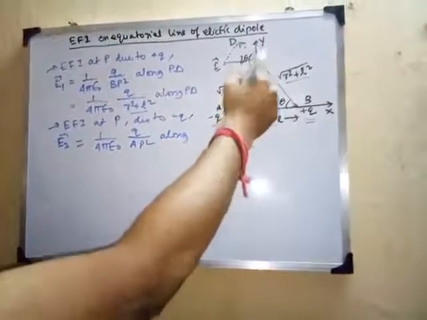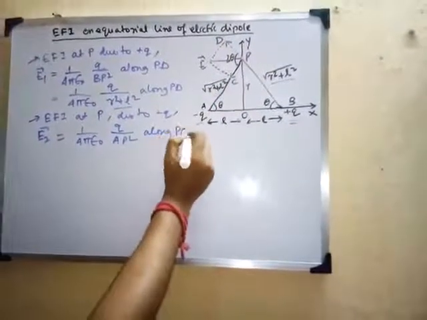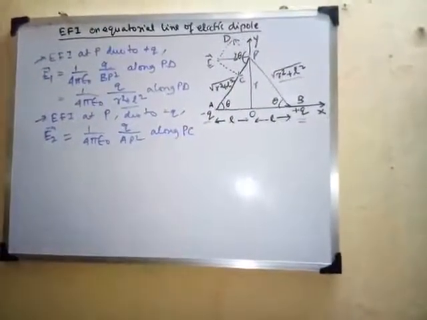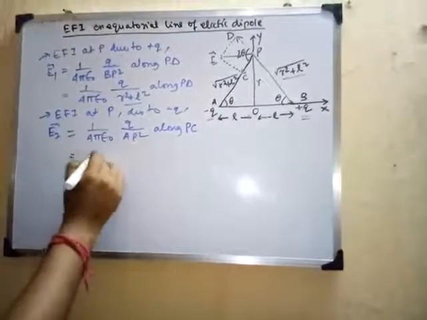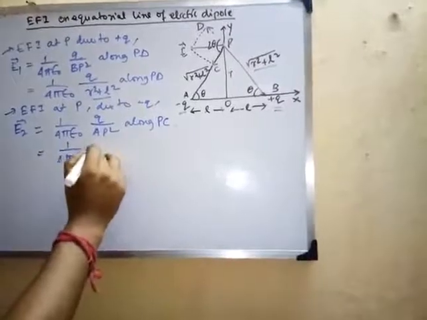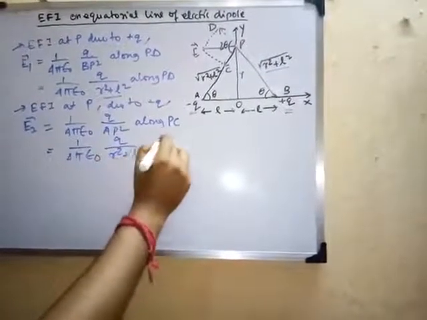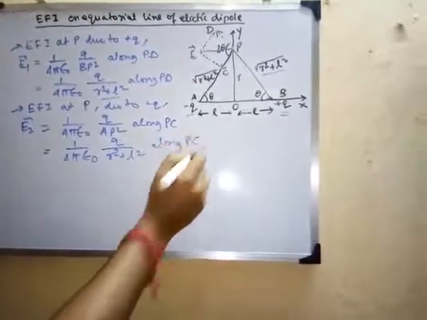Here C is a point, so PC is along this direction. So along PC, this comes as 1 by 4 pi epsilon naught Q by R square plus L square along PC. So these two equations we have got.